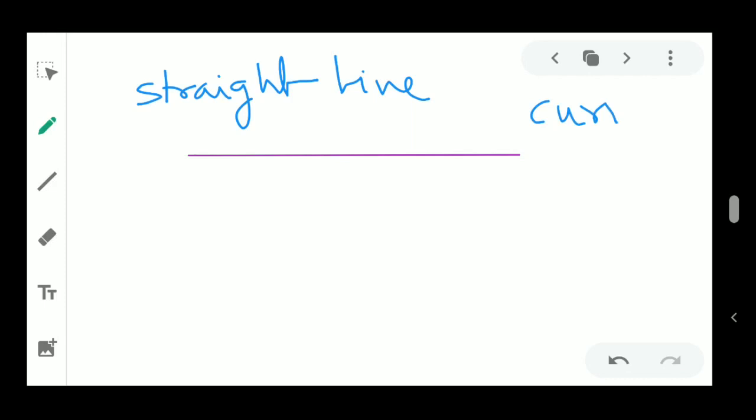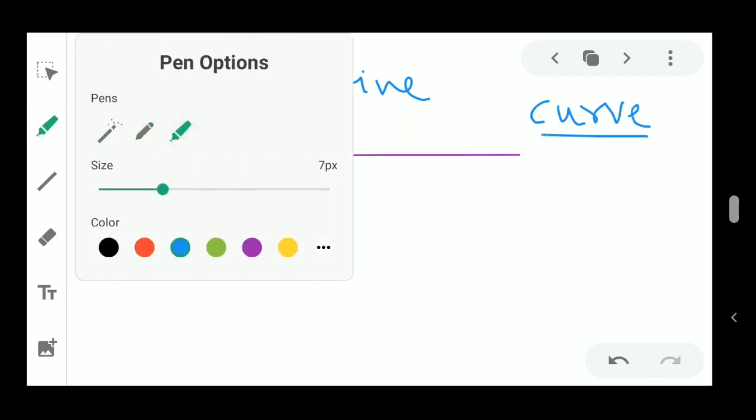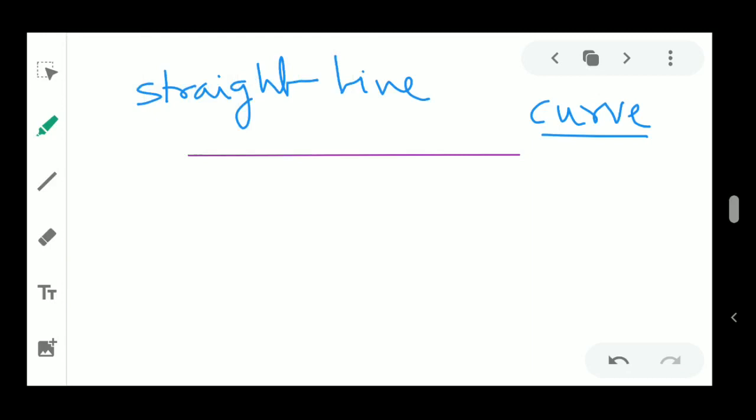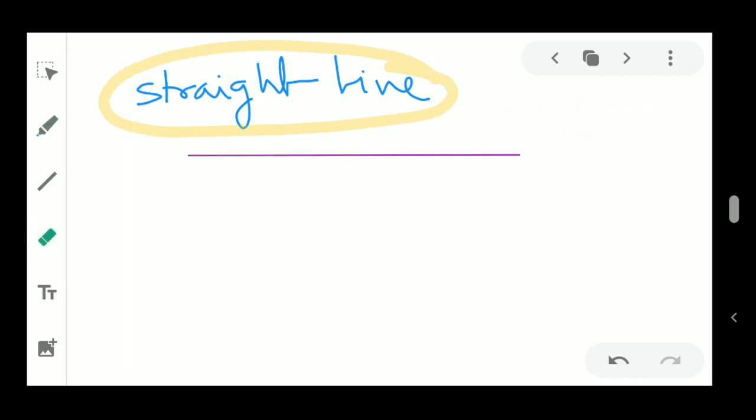A straight line is this thing, and it looks straight but it is a curve. So a straight line is also a curve, but we don't call it a curve, we call it a straight line.